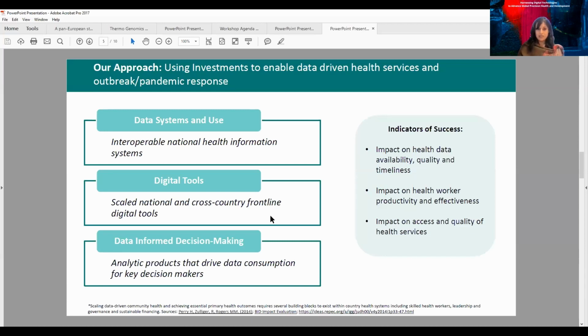The first is the data exists. It's not as though we don't have data in countries. It is questionable data. And again, I'm looking at health information systems writ large across LMICs. How does one ensure interoperability within these data sets so that they are not siloed? Malaria data sitting in one place, primary healthcare data sitting in a separate silo, infectious diseases in a third silo.